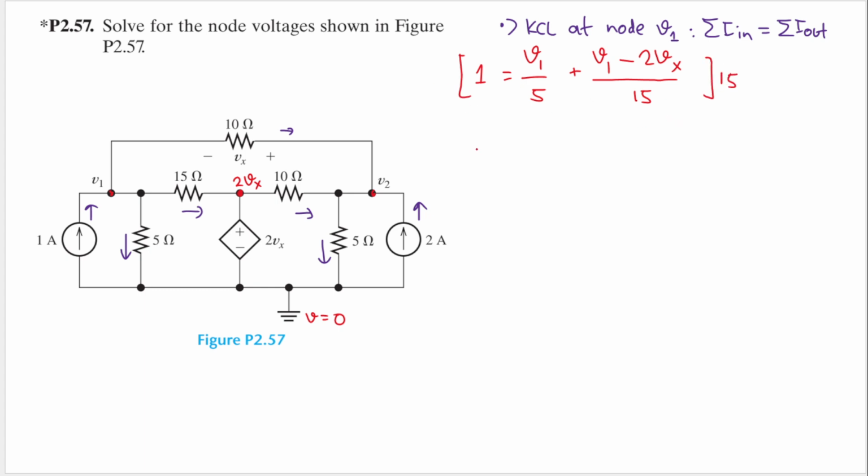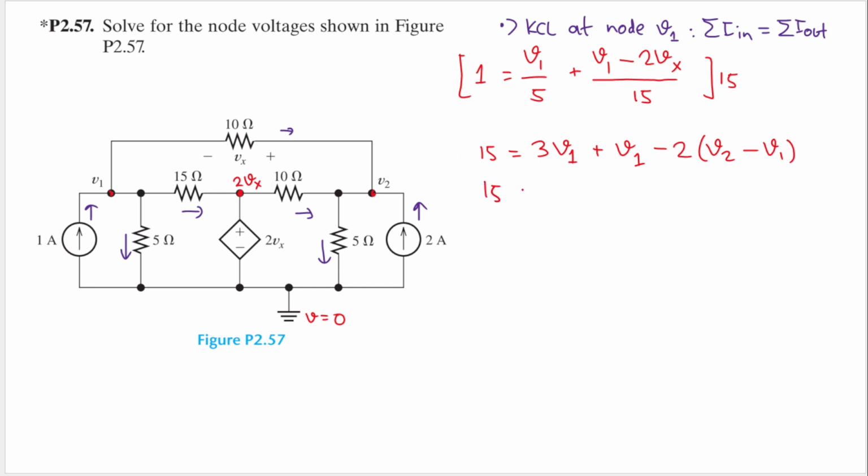Let's multiply both sides by 15. So we will have 15 on the left hand side, and here we will have 3V1 plus V1 minus 2Vx. However, what is Vx? Vx is V2 minus V1. So we will have V2 minus V1. Let's break it down.